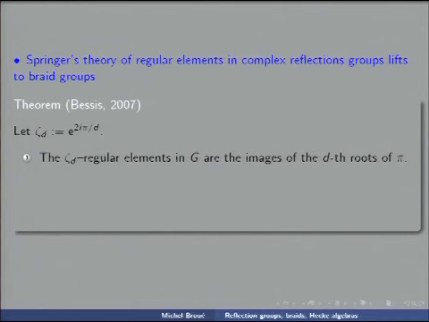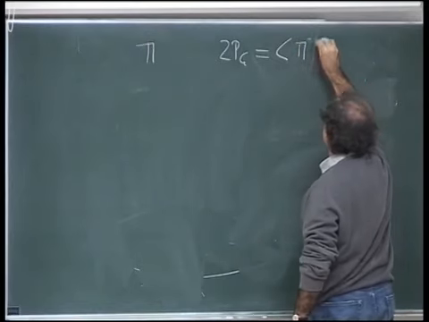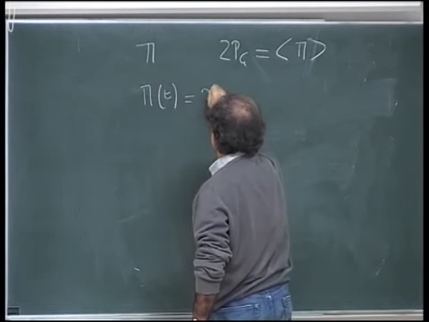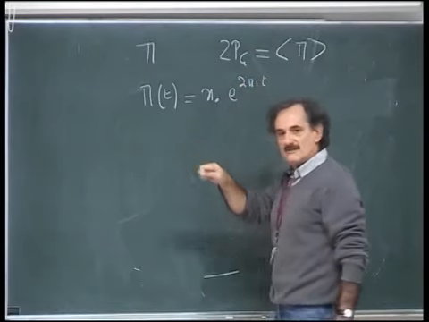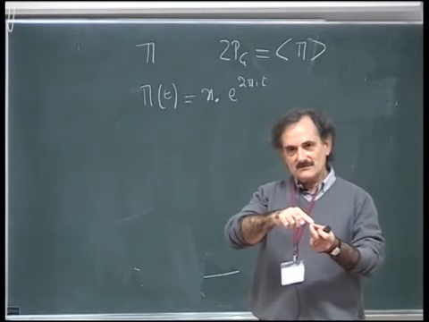Remember that the center of the pure braid group is generated by pi. Remember this pi of t is x naught e to the 2 pi i t. It turns around x naught.